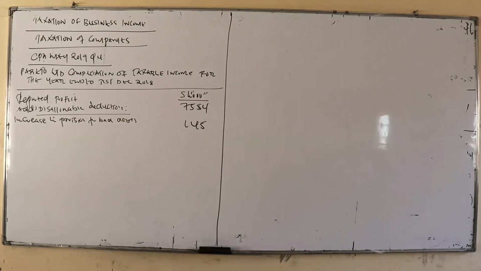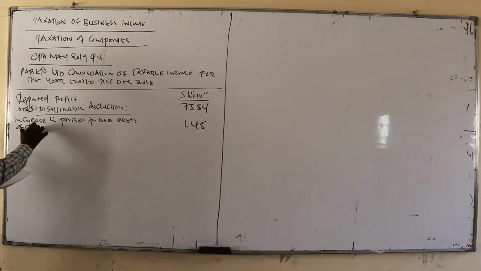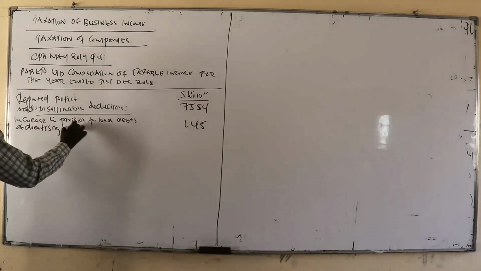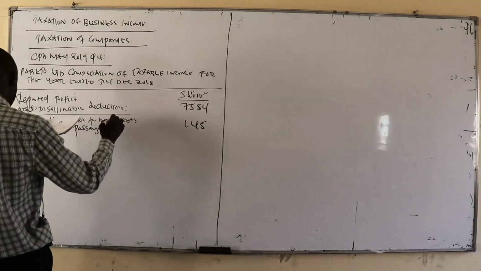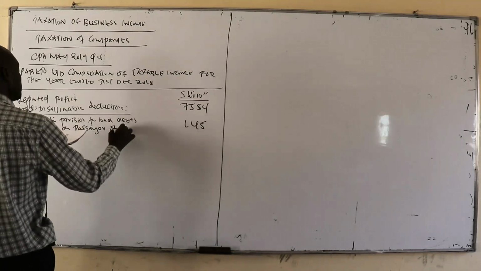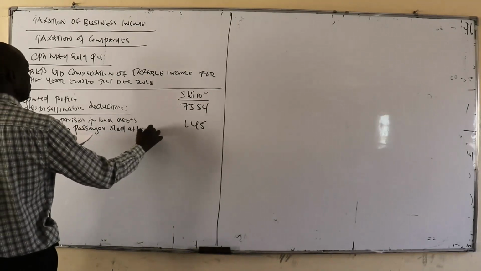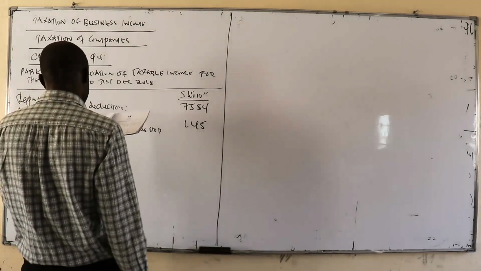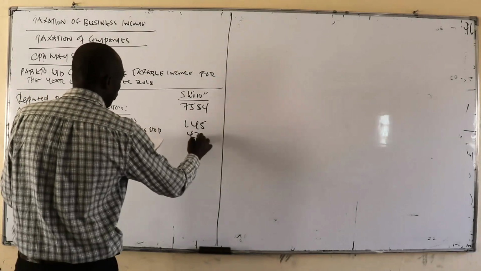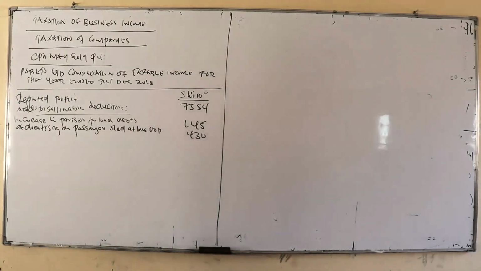Note number 5 says advertising comprises advertising through the daily newspaper, which is allowed, and advertising on passenger sheds at bus stops. That is advertising of a capital nature, so it's not allowed. How much is it? 430. Out of the total cost, 430 is not allowed, so you add it back. You're through with advertising.